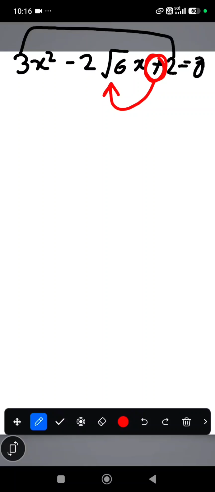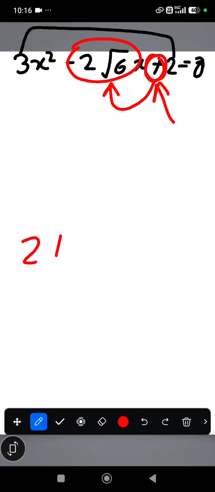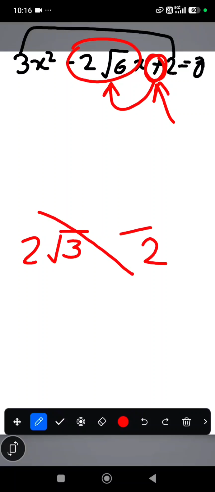Look at the middle term, 2 root 6. The condition is we have to add. If we have root in both terms, like 2 root 3 and 2, we can't add them.